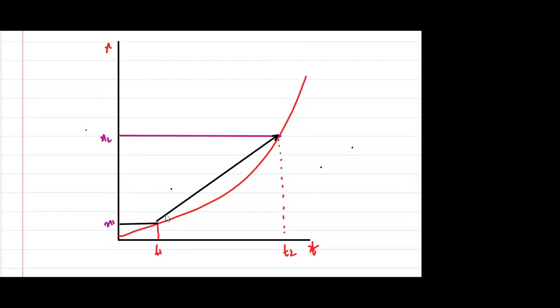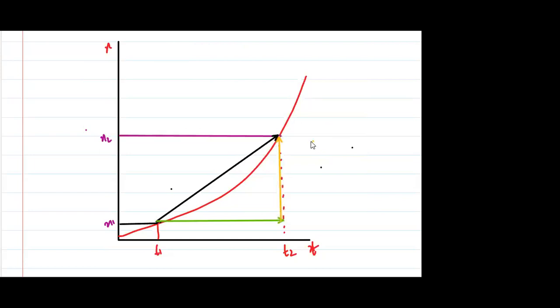Now, if you observe, draw a line like this, and then draw a line like this. Now tell me, are you getting a right angle triangle now?